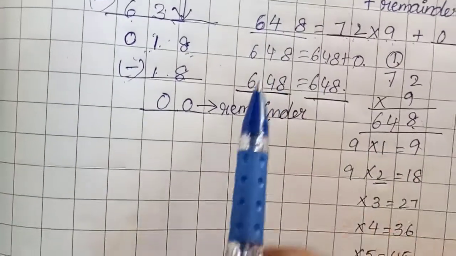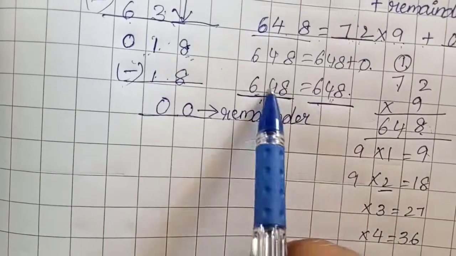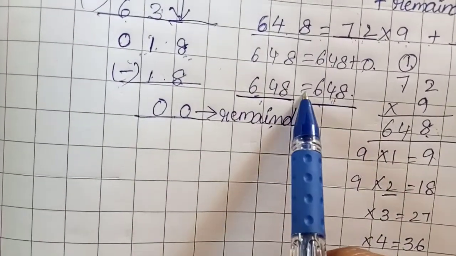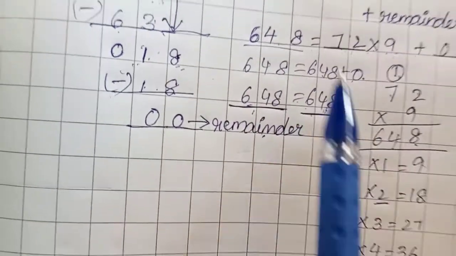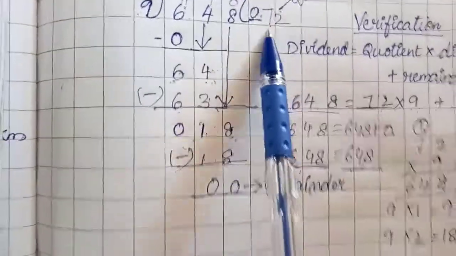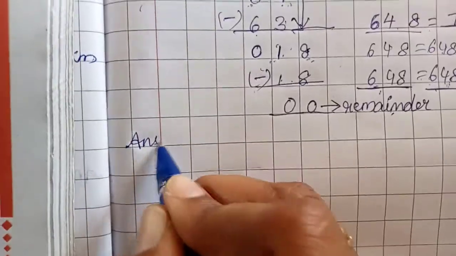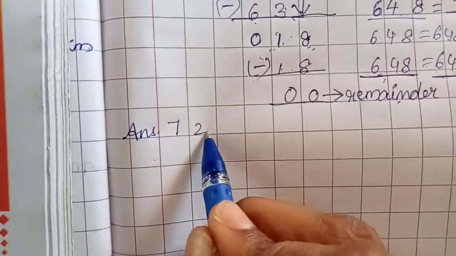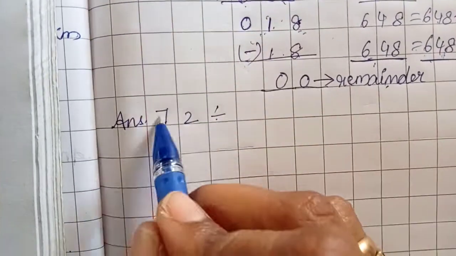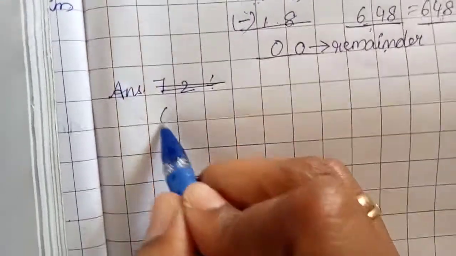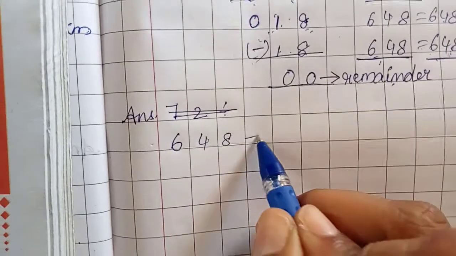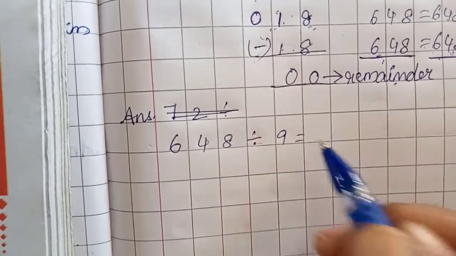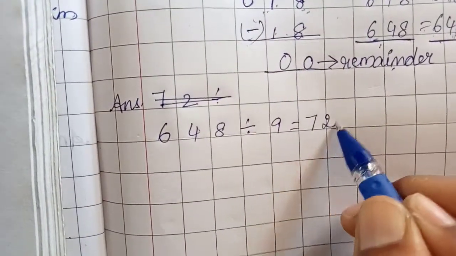So when you got these equal numbers on both the sides of equal to, that means your answer is correct. So now how to write the answer? 648 divided by 9 is equal to 72.